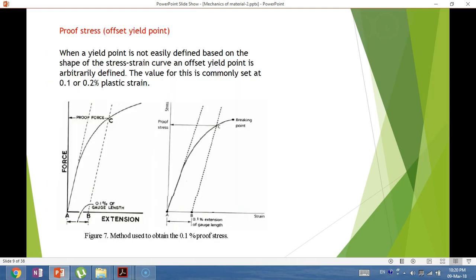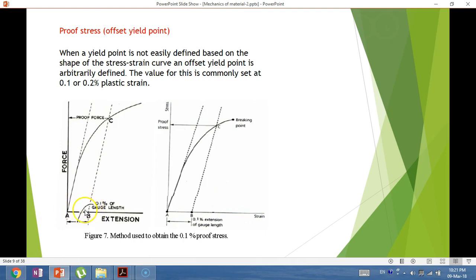What about the proof stress? When a yield point is not easily defined based on the shape of the stress-strain curve, an offset yield point is arbitrarily defined. The value for this is commonly set at 0.1 or 0.2% plastic strain. Suppose I want to get the yield point, then I will start from here, taking either 0.1 or 0.2% of plastic strain.